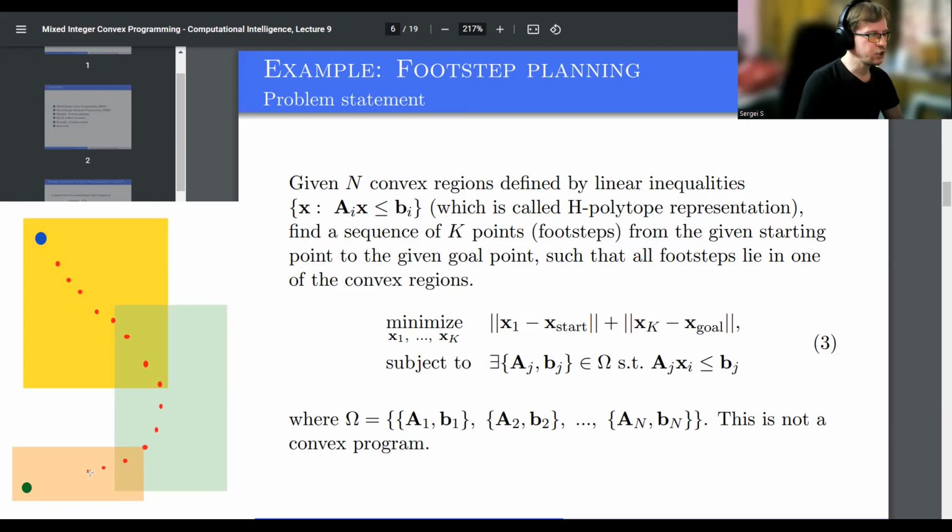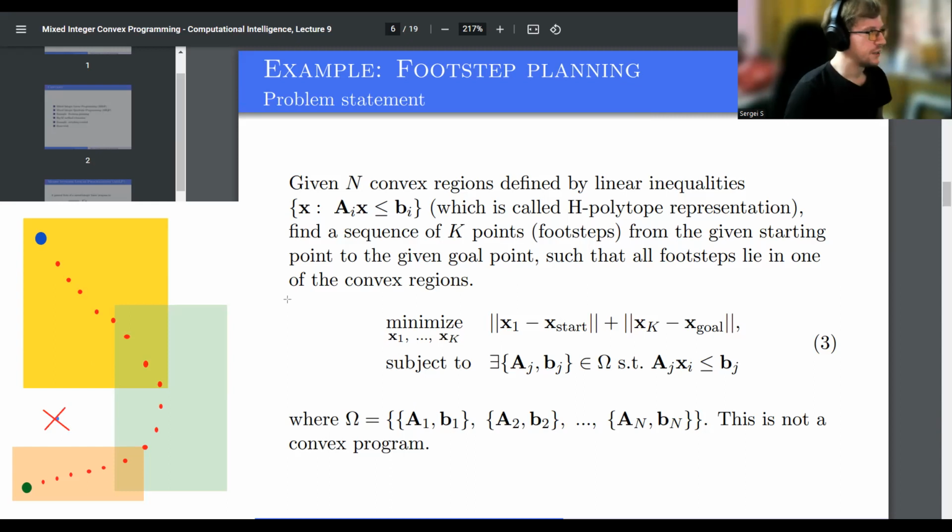And each step has to be inside at least one of the regions. So for example, what is not allowed is to have, let's say, a step here. This would not be allowed. So this would be unacceptable.